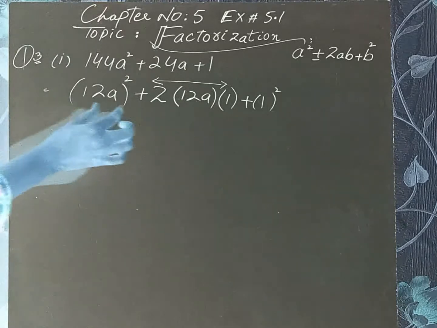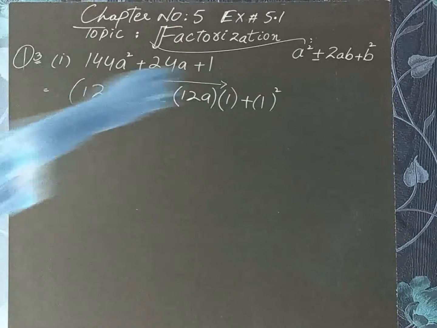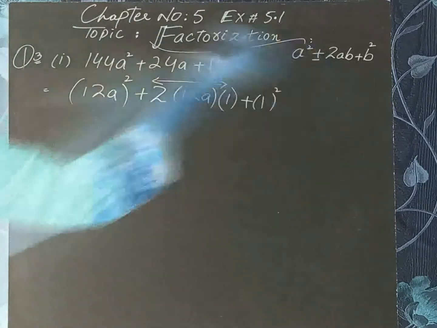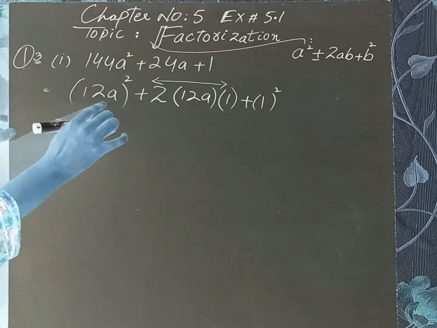This is a squared plus 2ab plus b squared. This is the open form of (a plus b) whole squared. If we can close this formula as (a plus b) whole squared, we can also close this. This will be closed as: a is here 12a and b is here 1.